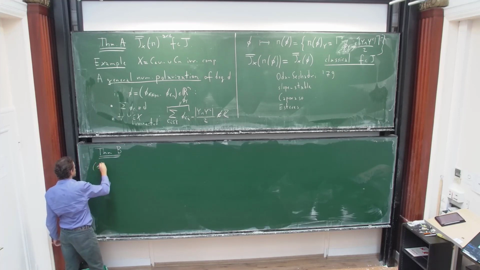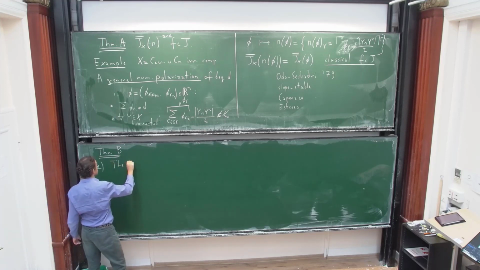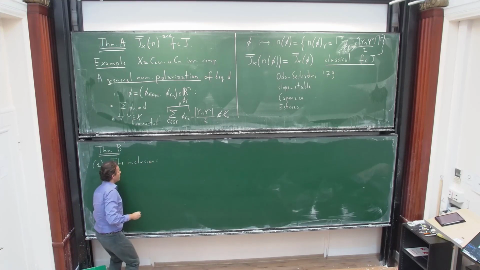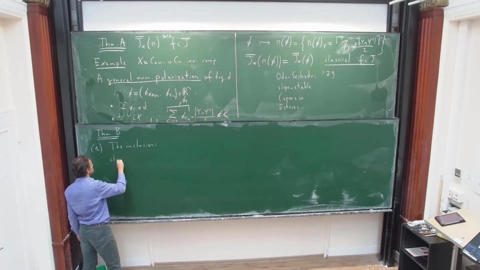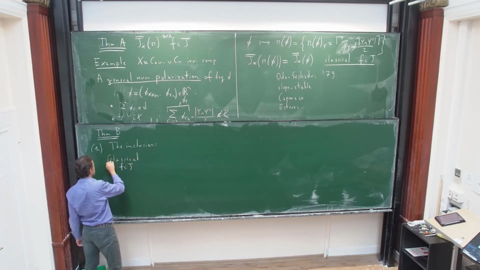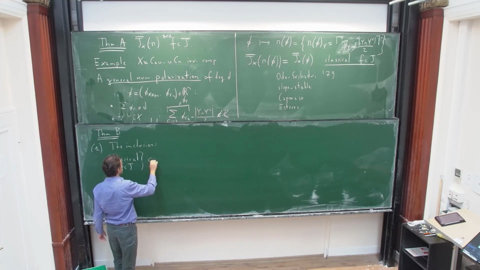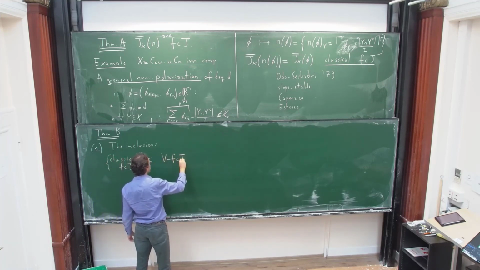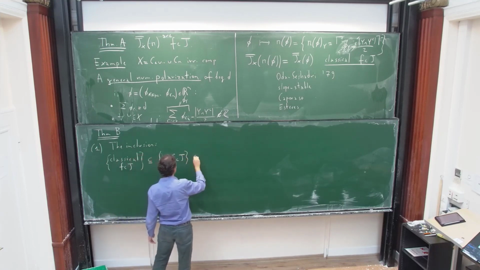So first part, the inclusions. Now we have this classical fine compactified Jacobians that we have known for many years. Then there is this new class of fine compactified Jacobians, and then there is the entire class.